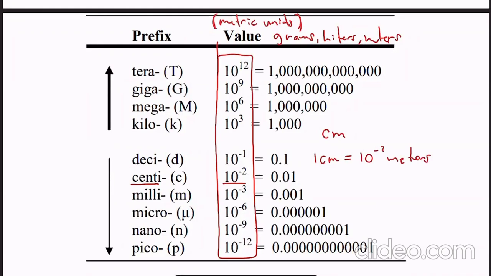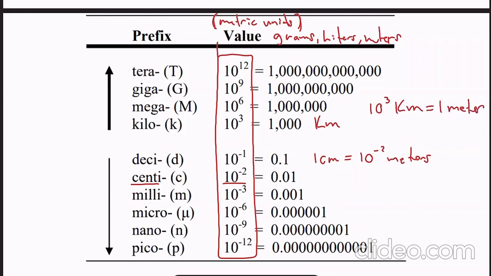There is confusion here, and some students will look at it this way. They go, oh, well, kilometer is 10 to the 3. So they say, okay, there's 10 to the 3 kilometers in 1 meter.